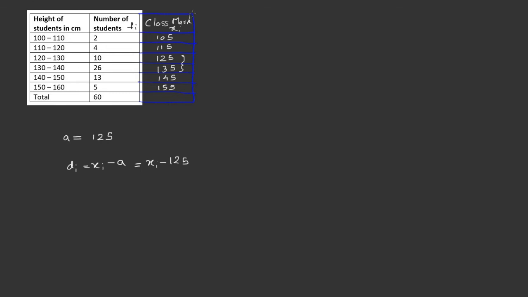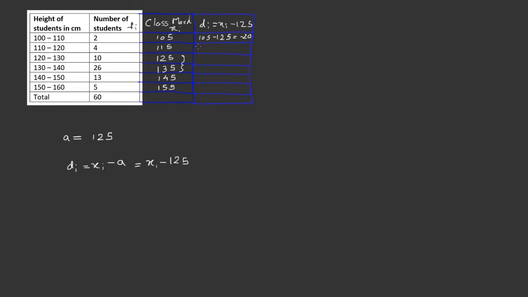That is, I need one more column for di, which is equal to xi minus 125. So in the first case, di is equal to 105 minus 125, that is equal to minus 20.